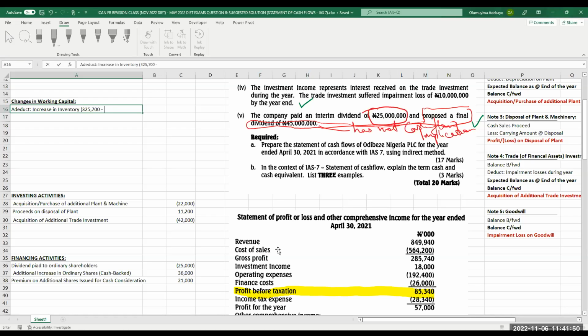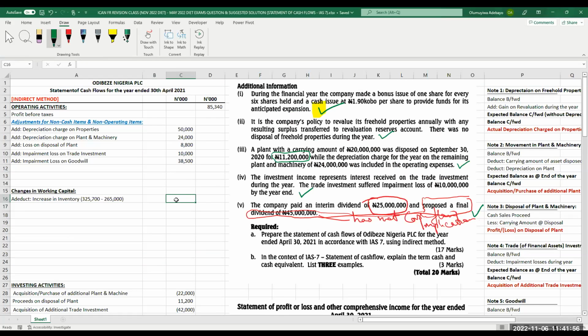That is 325,700 minus 265,000. Therefore, net, I have 6,700 as increase in my inventory, and I should deduct it. Therefore, I deduct that.